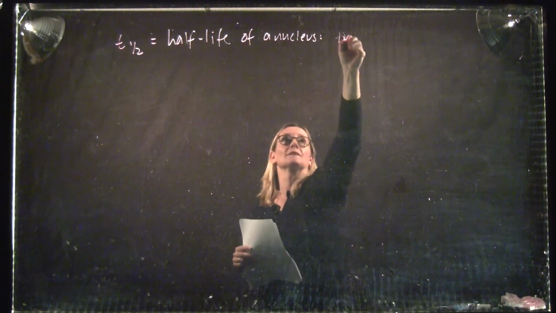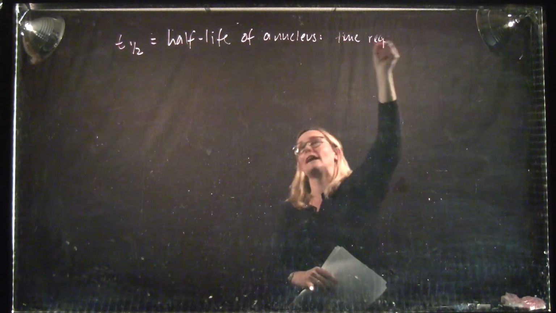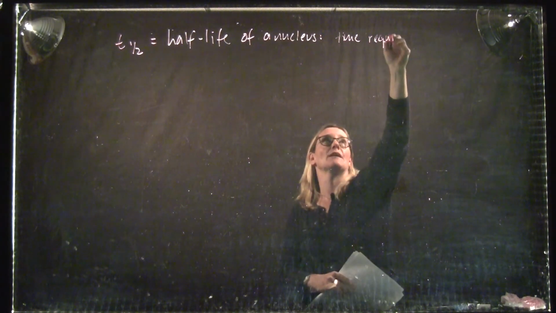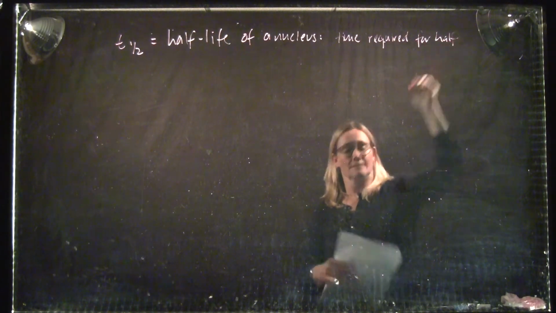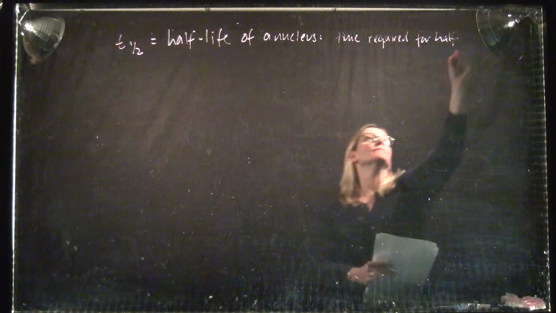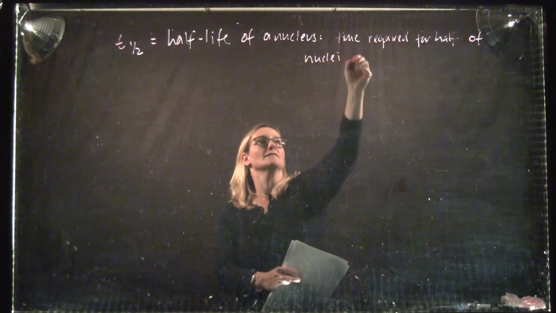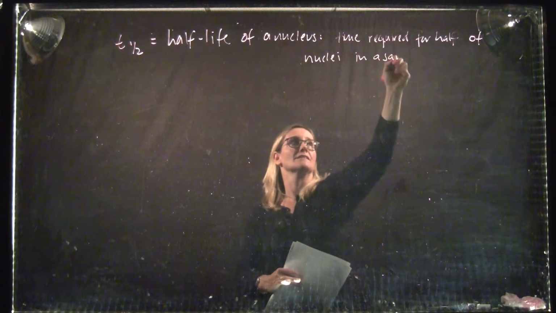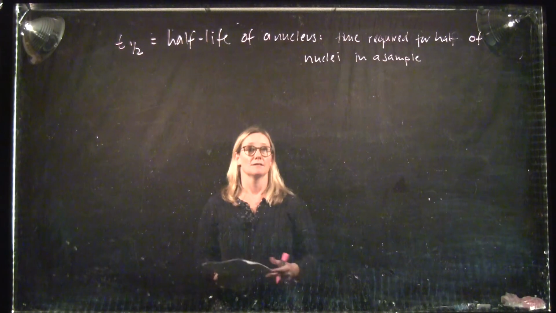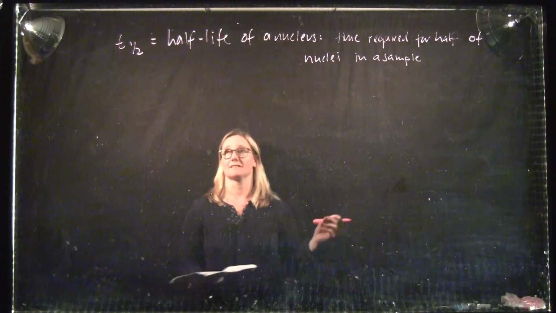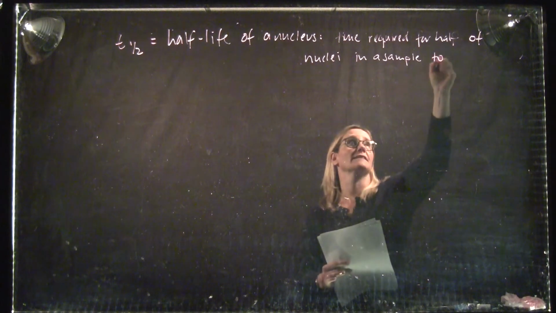And so we can also say that that is the time. So why half? What that means is the time required for half of the sample. So, of course, typically we would have an aggregate of several of some nucleus, and so T half is the time scale for half of the nuclei in a sample to undergo decay.